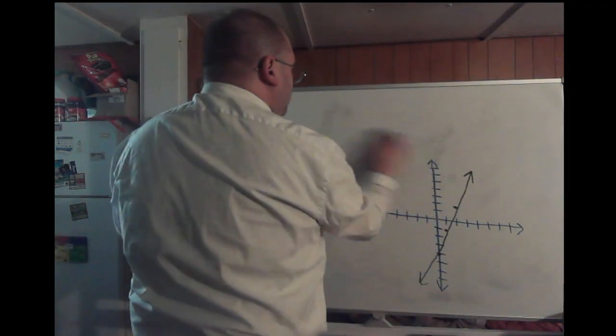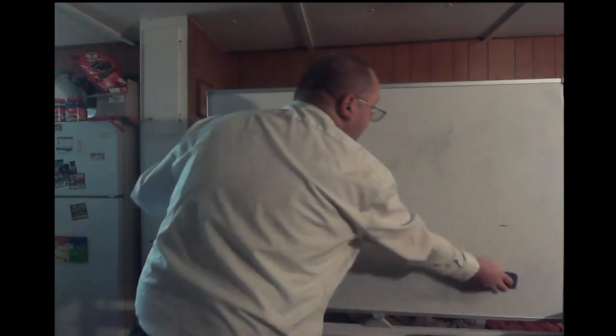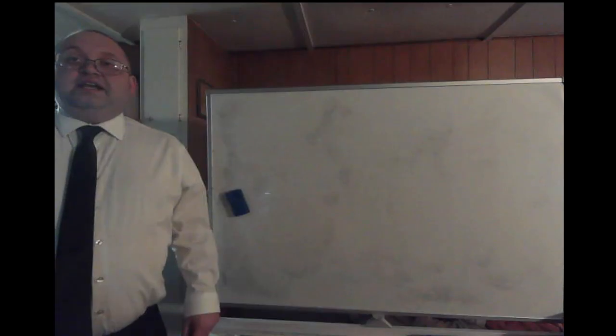I don't think we need to do more examples. I think we got it here. I don't need to make this a super long lesson, but we've seen linear functions. Again, that's just x to the first power, and they're called linear because you get a line. You just get a straight line. That's all you get.